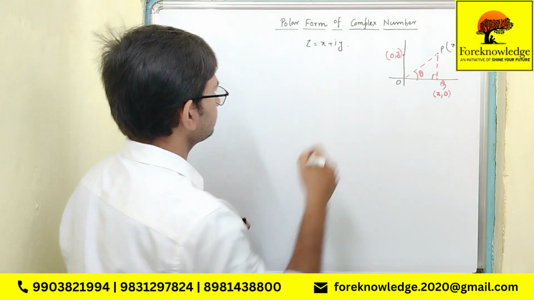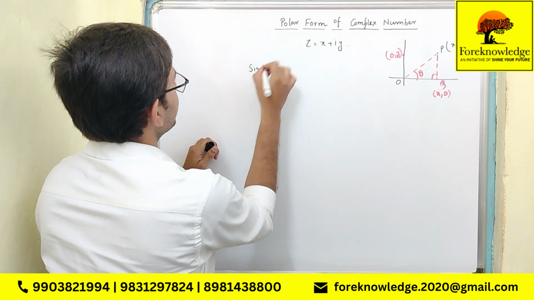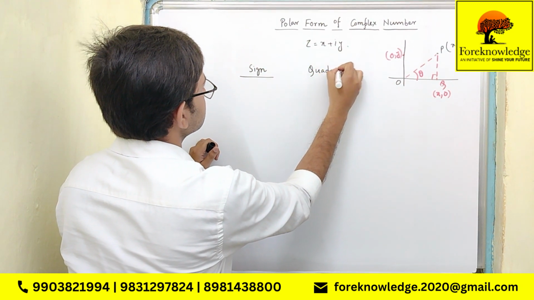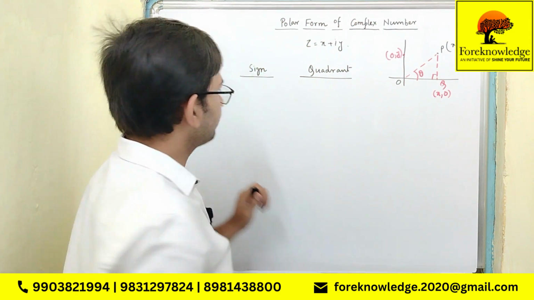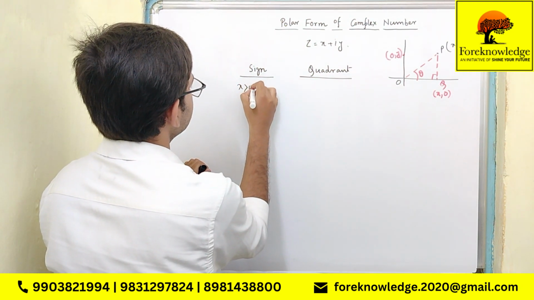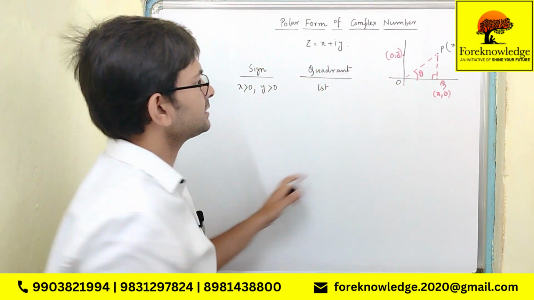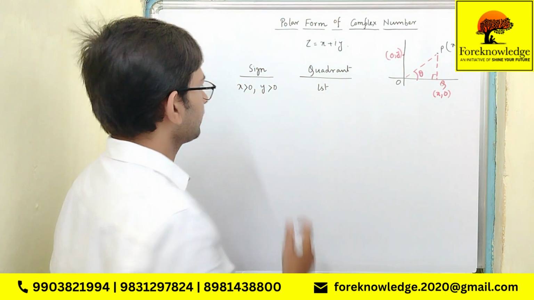So, sign and quadrant. If x and y both positive, then of course the complex number is lying in the first quadrant. Both of them are positive, x and y.